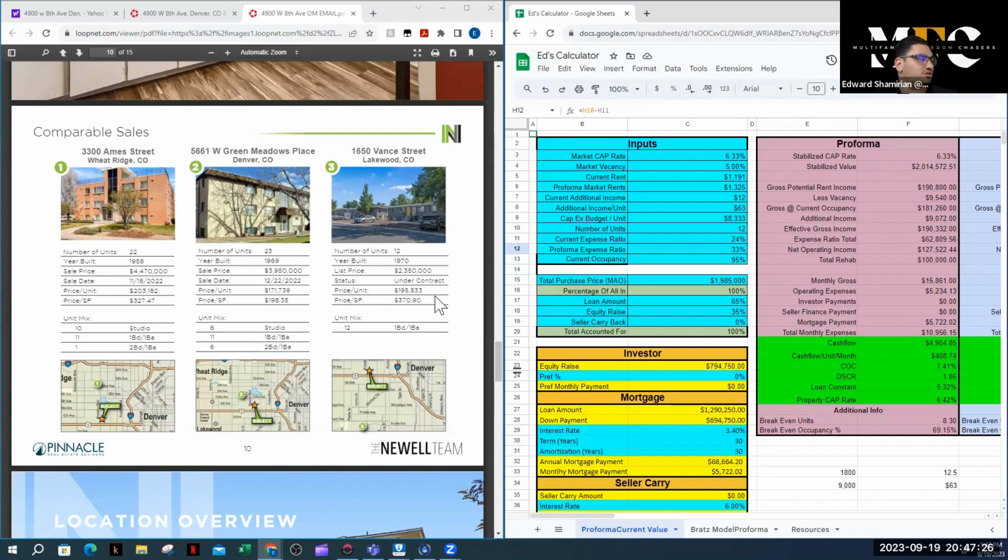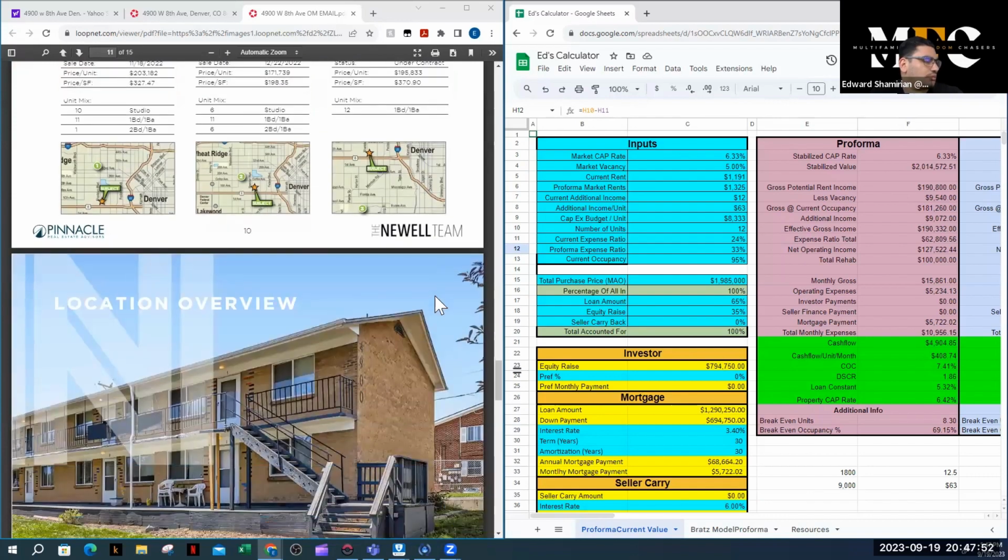Don't only look at the time and the price per unit and the price that those properties sold at, but look at what the interest rates were then. Look at how many other things are possibly on the market at around the same time. Competition is everything. If it's a property that had no competition, it was sold for more. If it's a property that had a lot of competition, it probably sold for less. Well, when I say competition, I mean inventory. You can kind of get what I mean there.